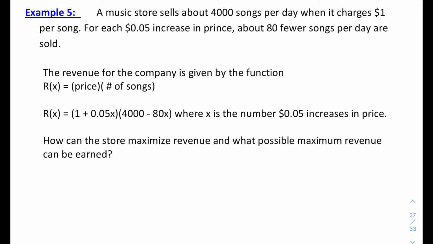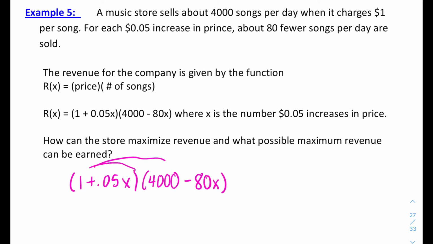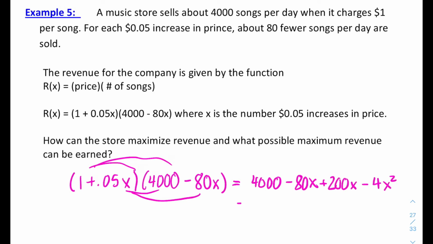This one isn't multiplied together in standard form, so I can't do x equals -b over 2a until I multiply it together. If I multiply this all out, it's going to give me 4,000 minus 80x plus 200x minus 4x squared.